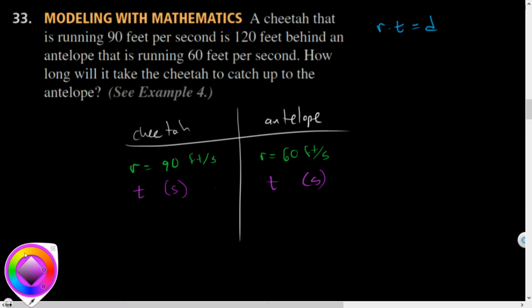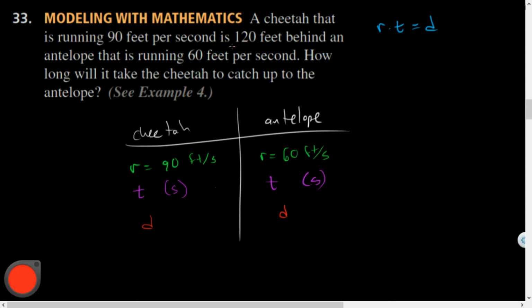And then for their distances, let's see, what's another color I should use? I guess I'll use red this time. If the distance the antelope runs in that time is d, what's the distance that the cheetah needs to run? Or, let's see. What do I have to set this up as?